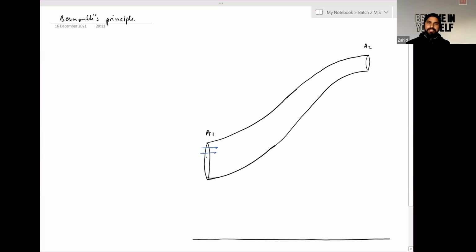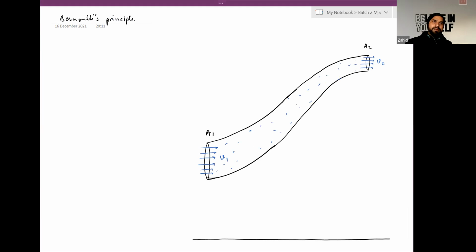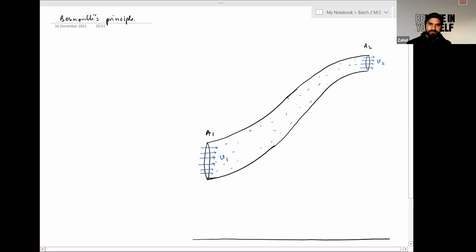So velocity of liquid at this instant is V1, and velocity of liquid at this instant, let's say, V2. Since they are at different levels, the height of this point from the ground is H1, and the height of this point from the ground is H2.